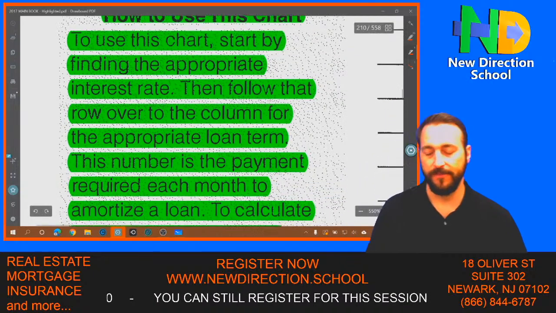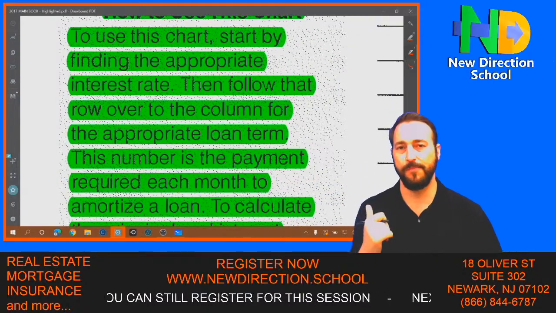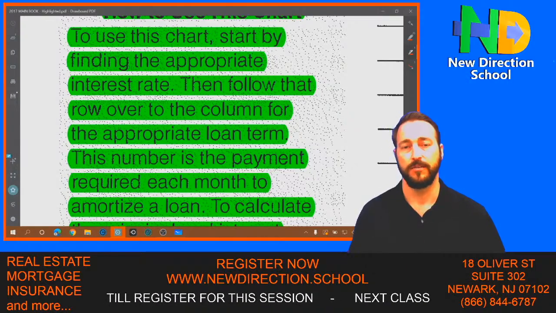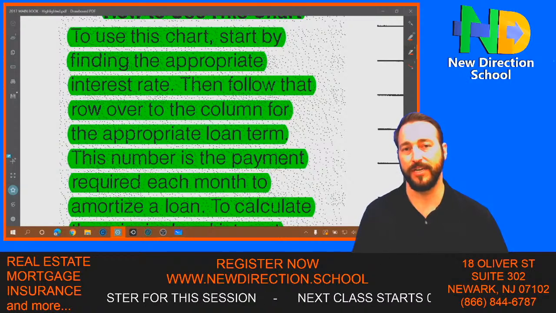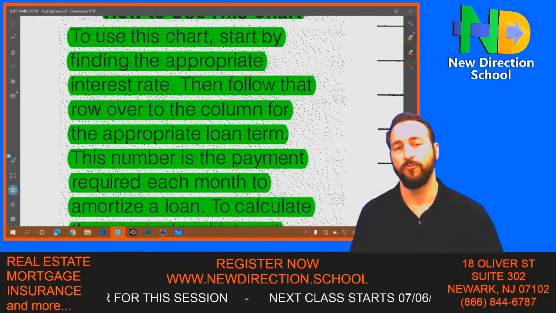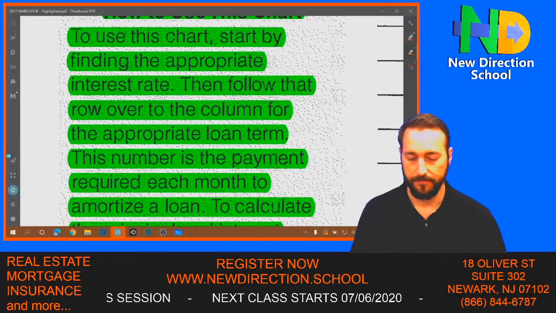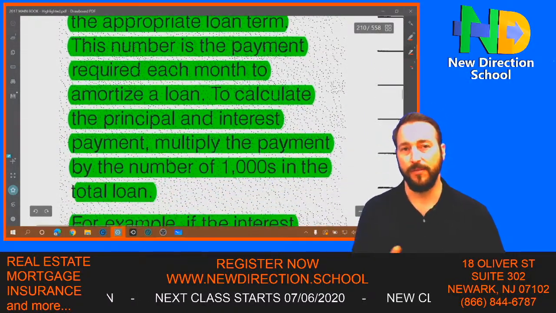Then we follow that row over to the term. So in the example before, we had $100,000 at 7%. So all we needed to do is go to the 7%, forget the 100,000 for a second, and then the 30 years. That's what we would do. The number is the payment required each month to amortize the loan.